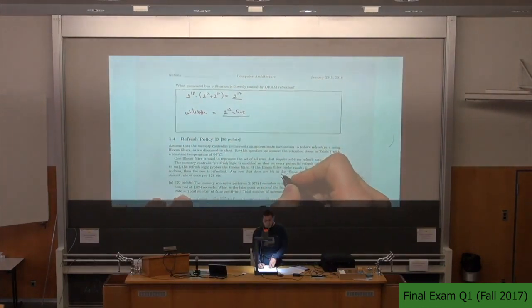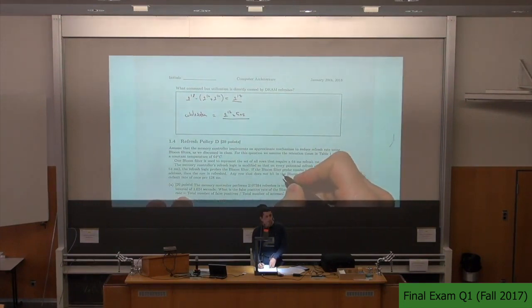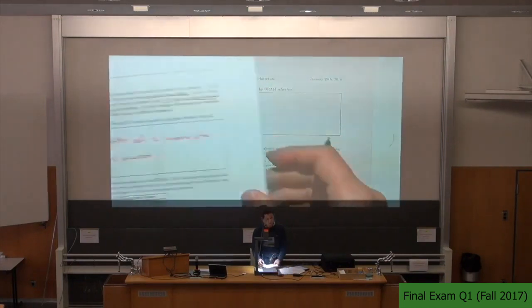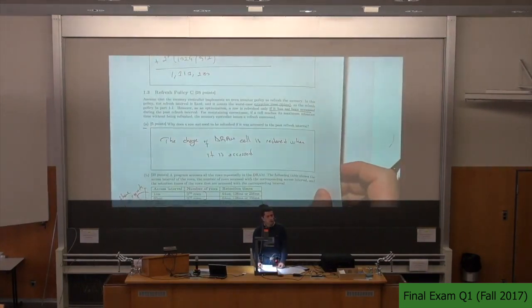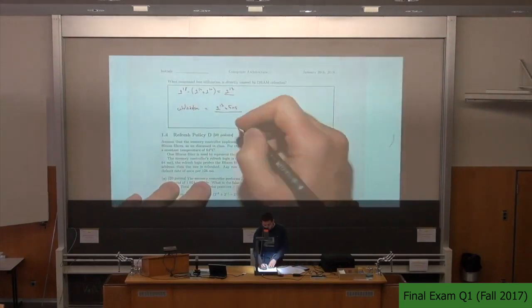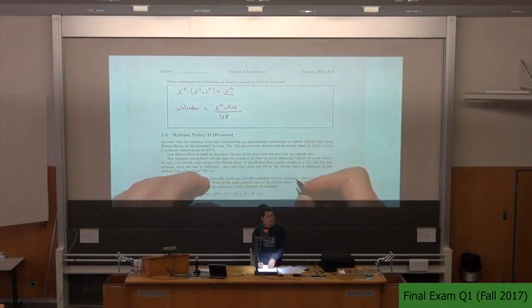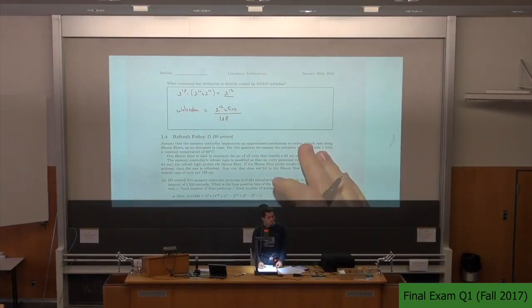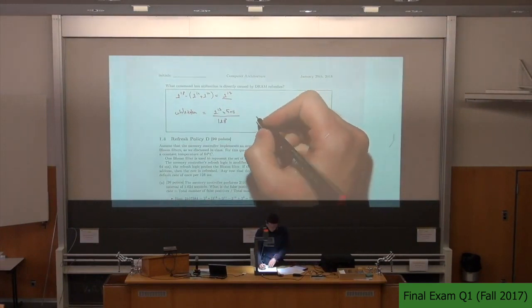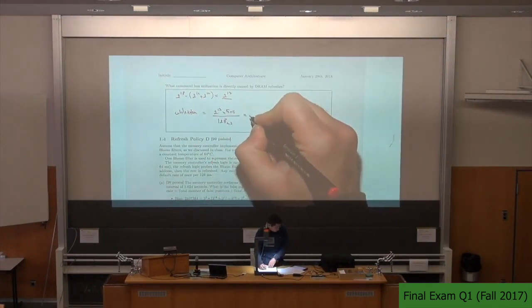We need to divide it by the refresh interval. But remember, it will not be 64 anymore, because we will be refreshing those rows once in each two refresh intervals. So the refresh interval will be 128, not 64. And this will result, I believe, like this.